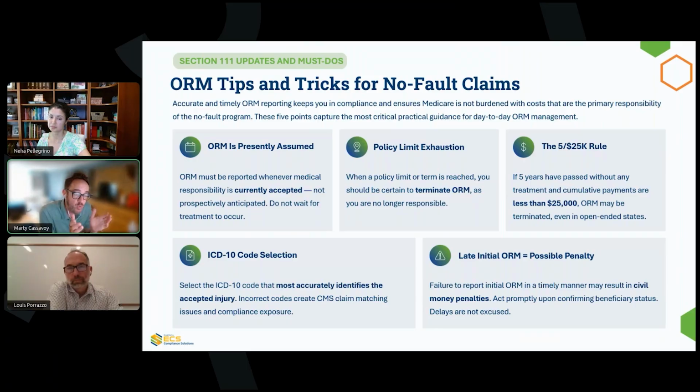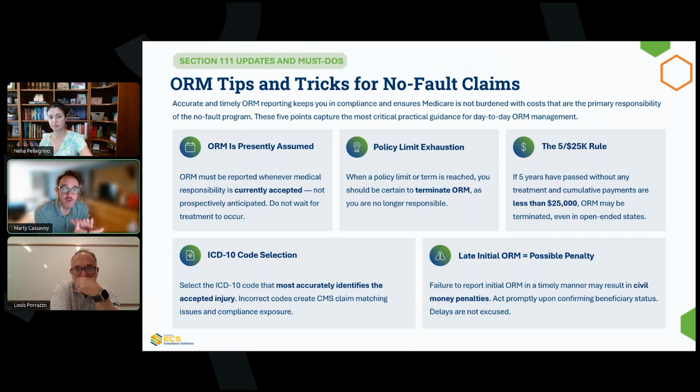Why would you say that, if CMS doesn't penalize you for being late to report ORM termination? CMS only penalizes you for late initial report of ORM. However, this is where the operational penalty comes in.